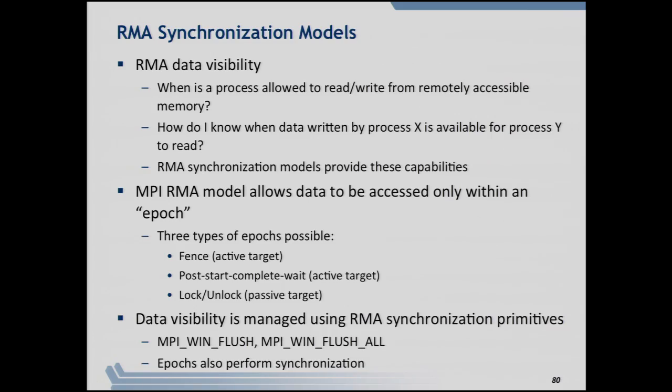Okay, so now we've talked about moving data, but you still can't use it. Because remember, all those operations are non-blocking. Even the fetch and op is non-blocking. So you need to answer these questions. And whether you're dealing with MPI or any other sort of one-sided model, you've got this question of, when can you do that read-write?